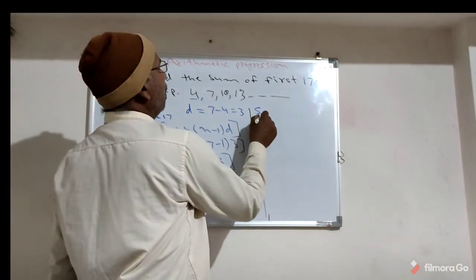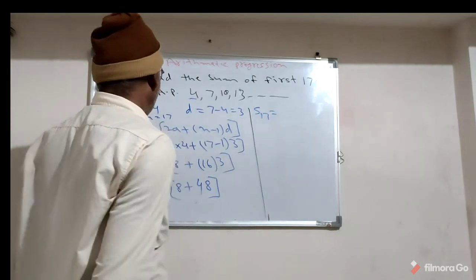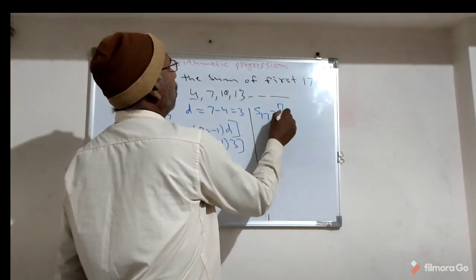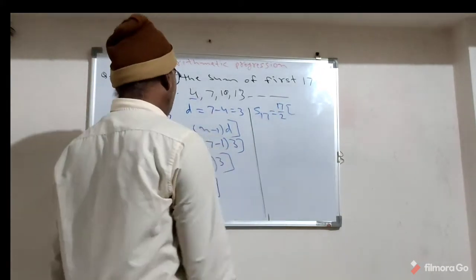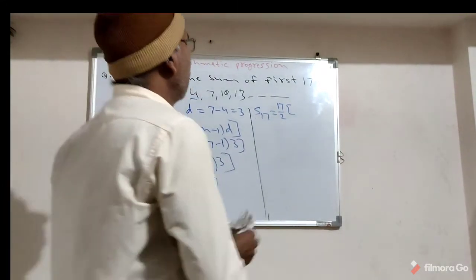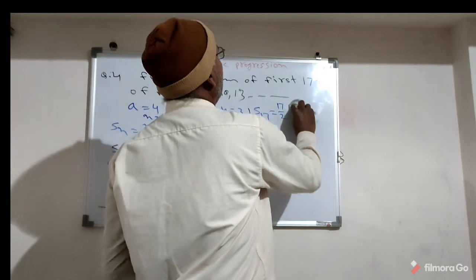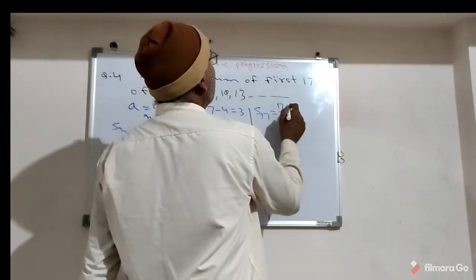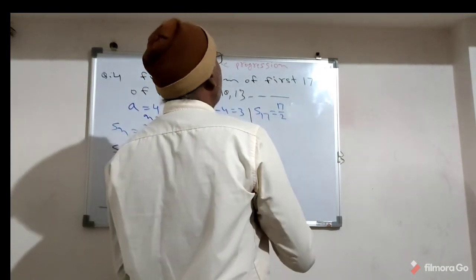Now S17 equals 17 upon 2, the sum of, multiply. Here we put the mark of multiply, open bracket.